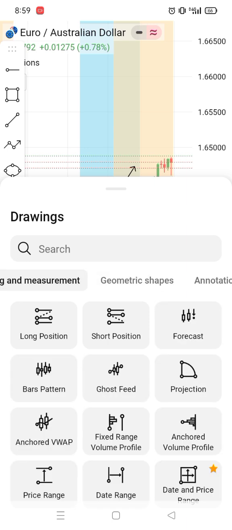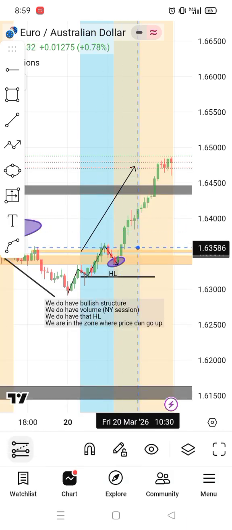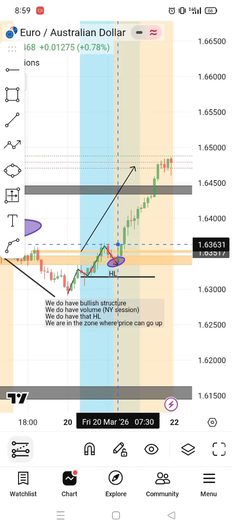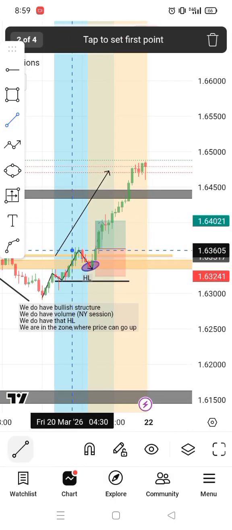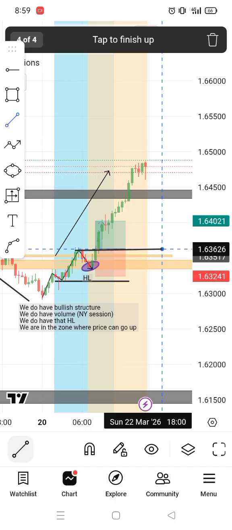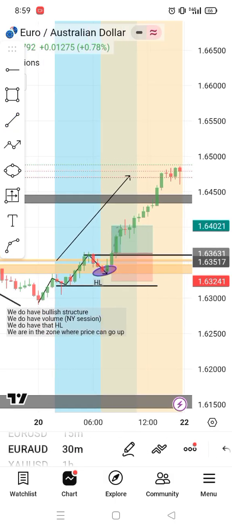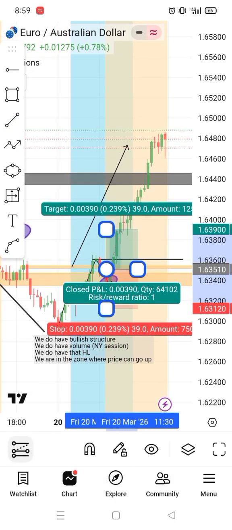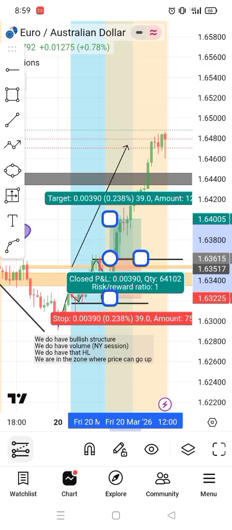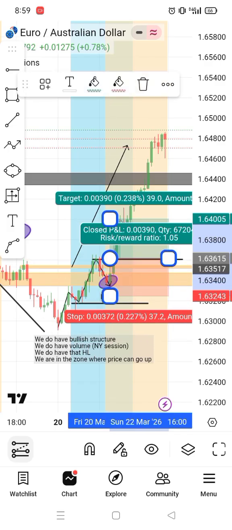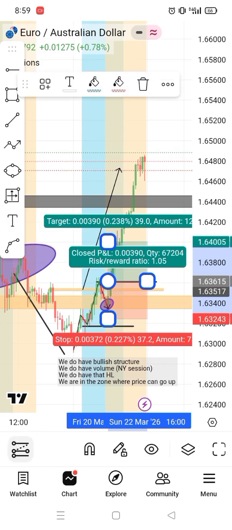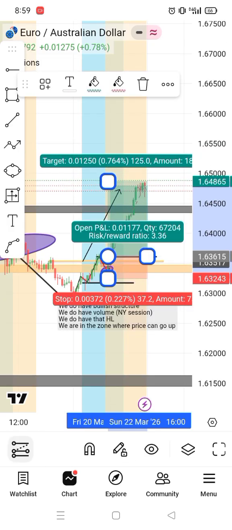Our entry would look like this when price goes up above this higher high, above this level, because we have confirmation that price doesn't want to go down anymore because of this higher low. And remember that we are in a zone where price could go up.